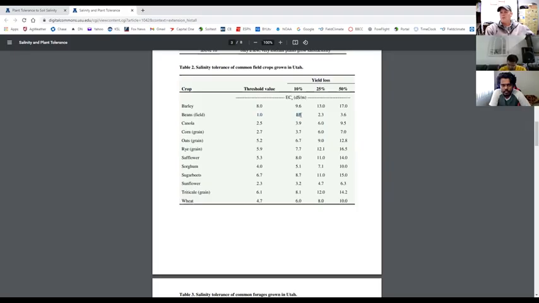So 10% at 1.5, 25% at 2.3. And then we haven't even got to 4 yet, and you're seeing like a 50% yield loss on your beans because of salt. So can you guys see that crop makes a huge difference in salinity? If you've got really saline ground, yeah, maybe you're growing barley. You're not going to try to grow beans, that's for sure.